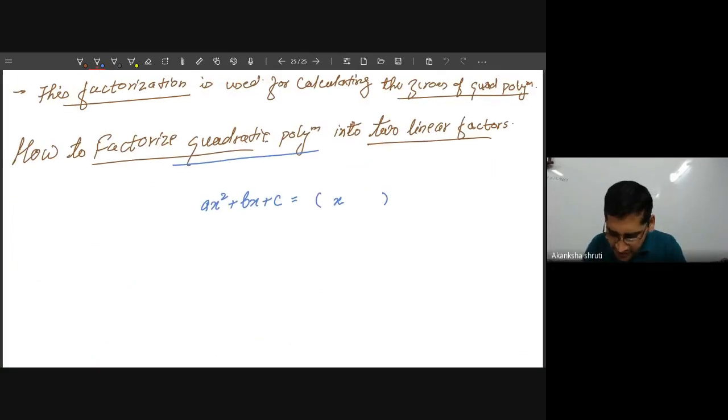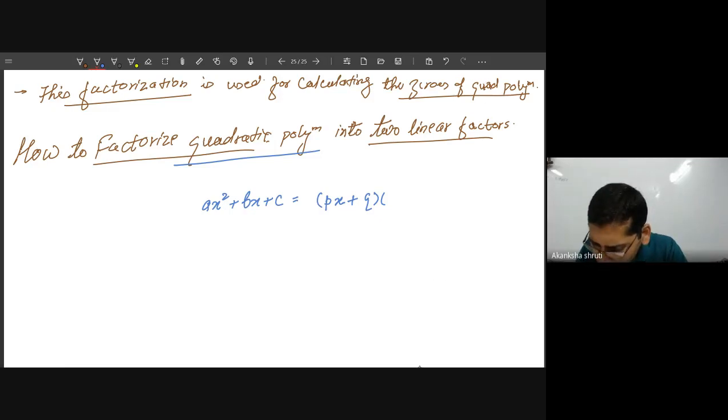Students, this can be factorized as the product of px plus q in one bracket. But it cannot only be equated to this much. It also has another factor, then only it will work as a quadratic. So what is the other factor?